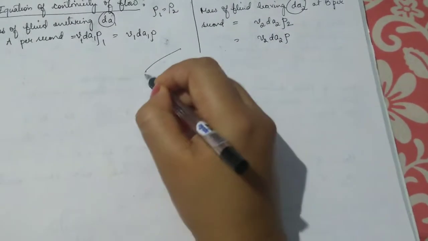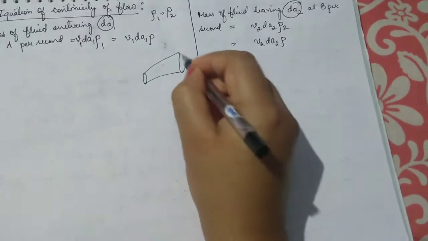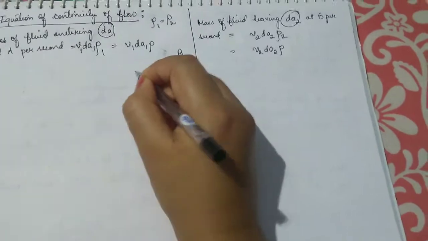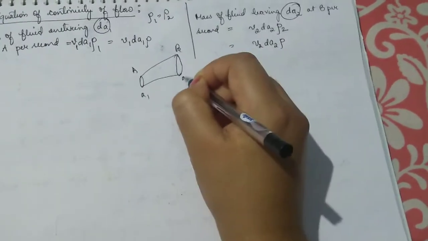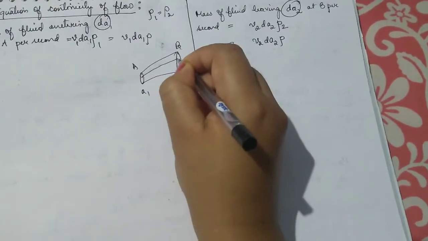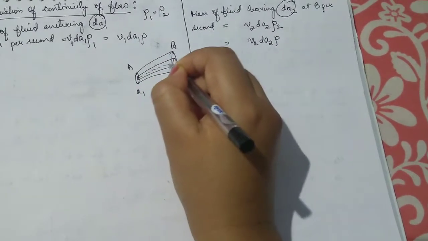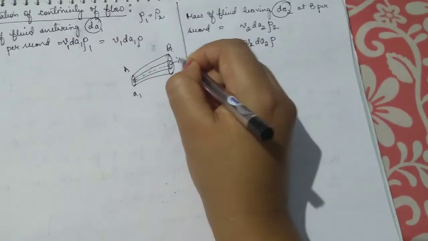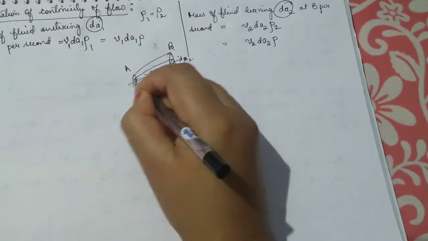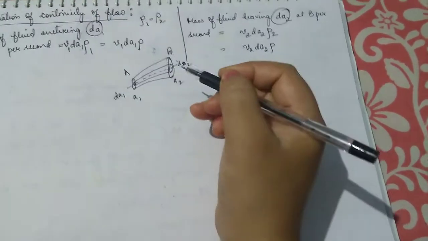As you remember the figure, it is like this. This is B, this is A, this is A1, this is A2, and we had a very small infinitesimal tube in between going like this, having dA2 here and dA1 here.